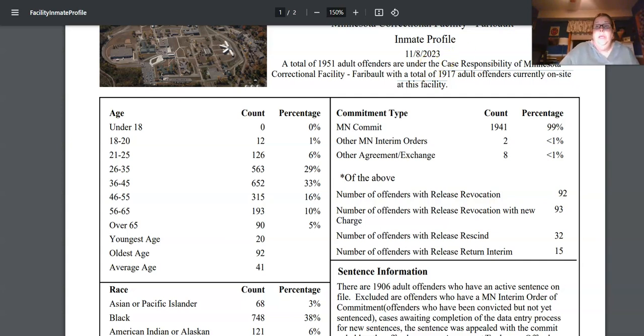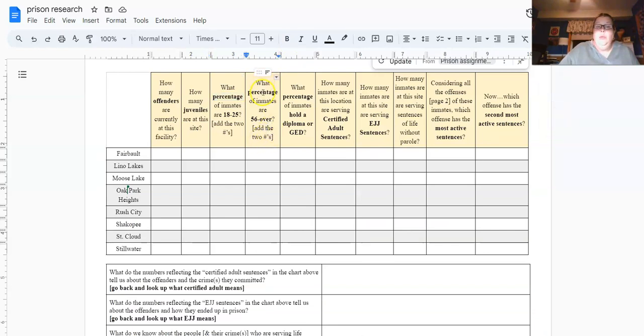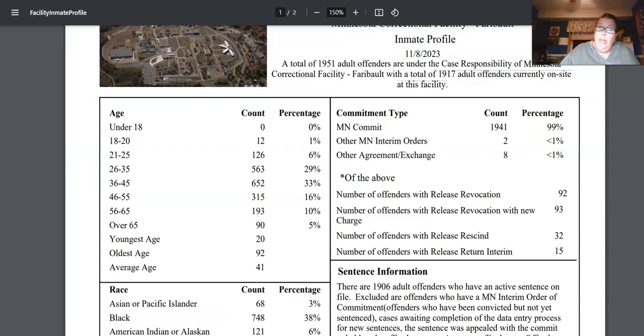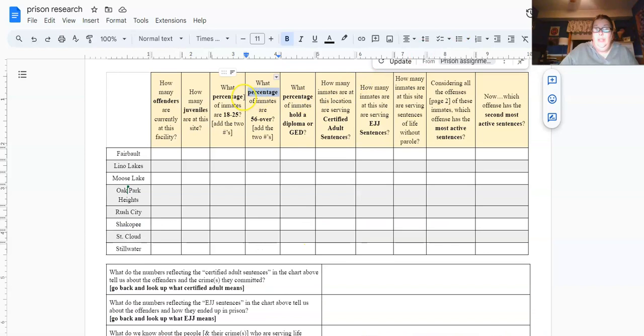Okay. The next one says, what percentage of inmates are 56 and over? Going back, here's 56 and over. I'm not adding 193 and 90. I'm adding 10 and 5% because the question says, what percentage of inmates are 56 and over?